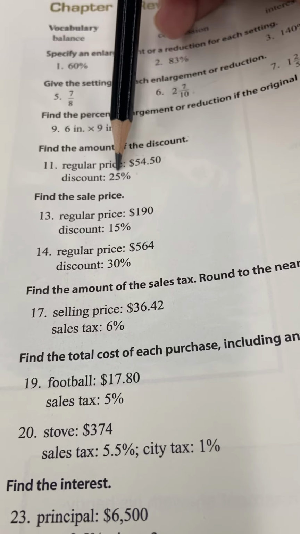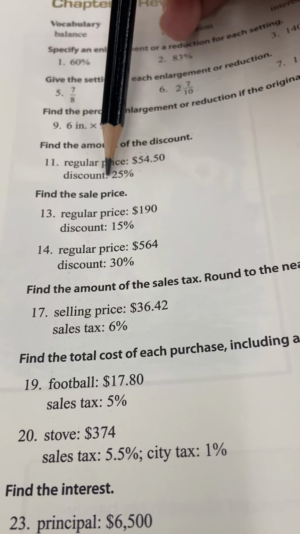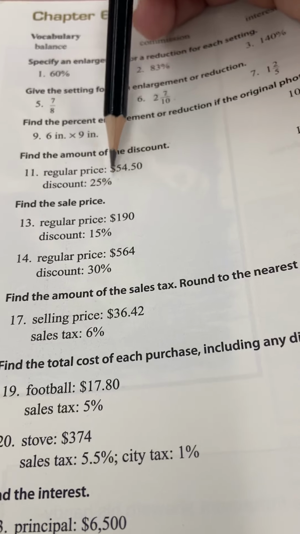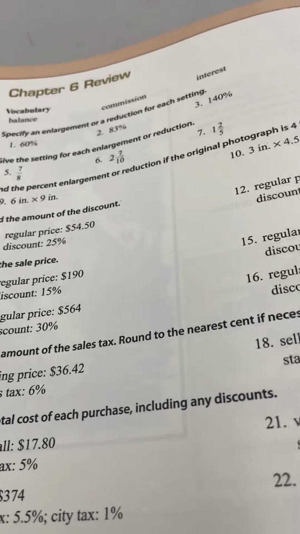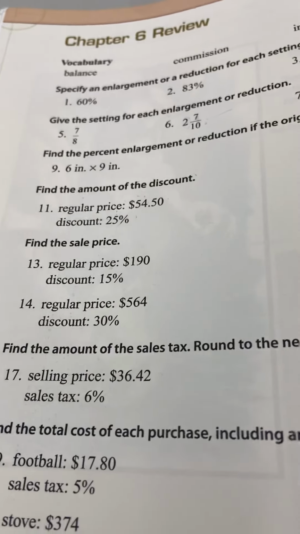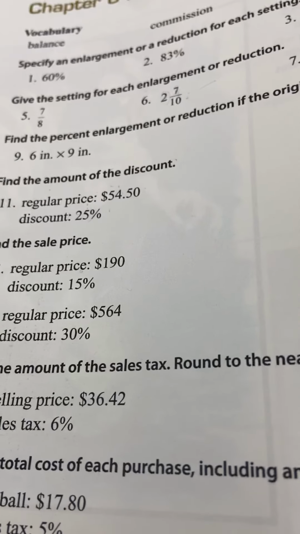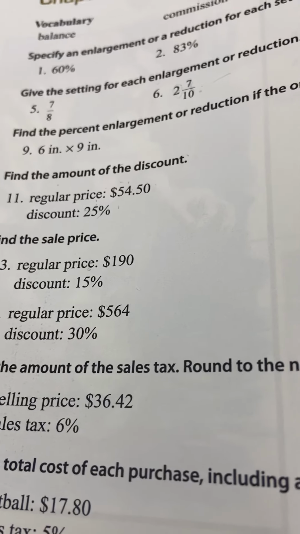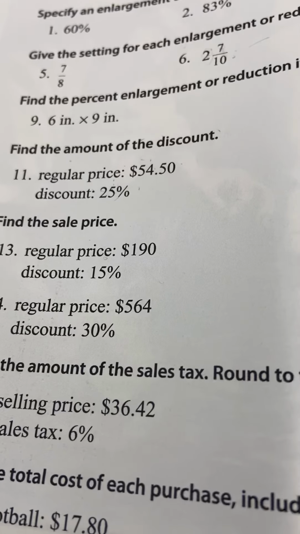All I have to do is move the decimal point over 2 times, so it's 0.25, and I need to multiply those 2 together. So I have, clear my calculator, 54.5 times 0.25.